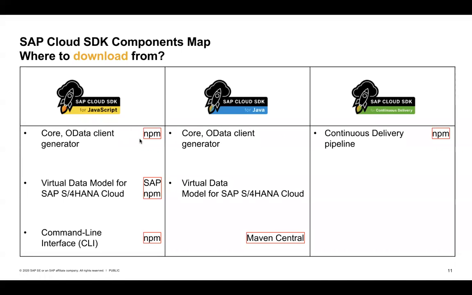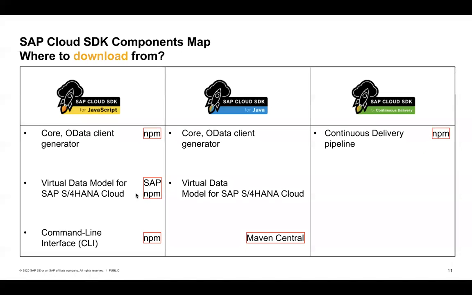We have the official NPM registry for the open source components. If you remember the previous picture, we had the open source components for JavaScript core, JavaScript command line interface, and continuous delivery toolkit. And all these components are available using the regular and official NPM registry.